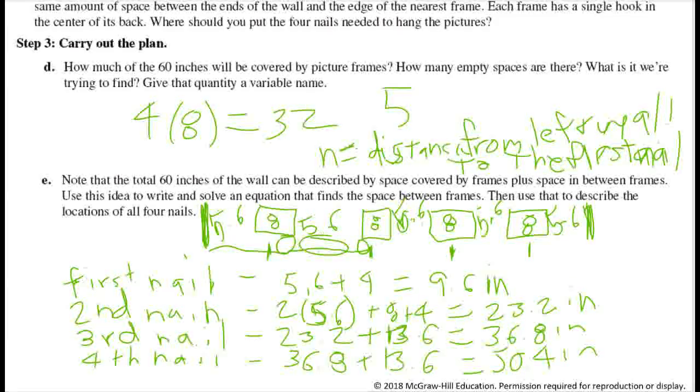And if I look at my end, so I'm saying my last nail is at 50.4 inches. So if I add another 4 inches for the last half of the picture, I get 54.4. And then if I add my 5.6, I would get 54.4 plus 5.6. That actually gives me 60 inches, which is the width of the wall.